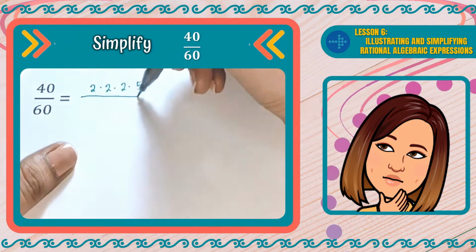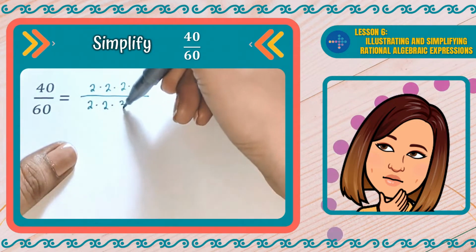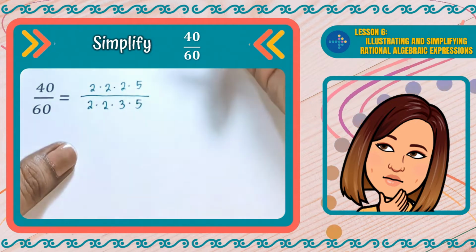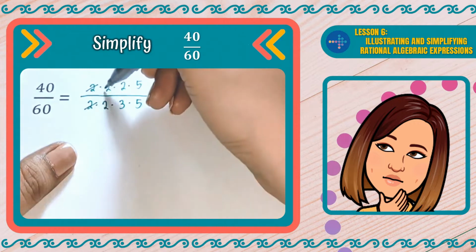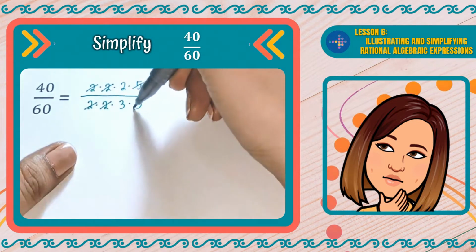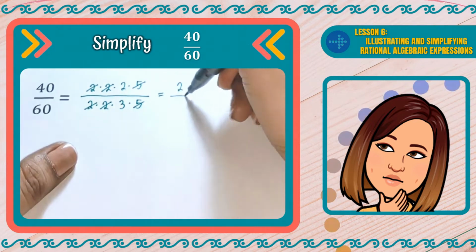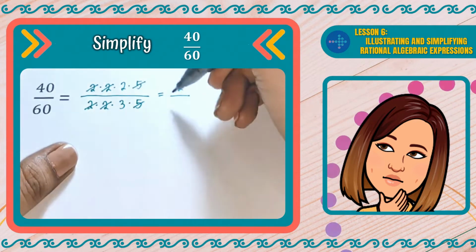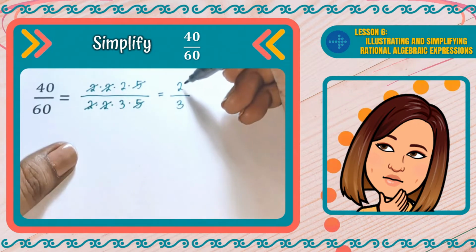While in the denominator, we have 2 times 2 times 3 times 5. So cancel common factors. We have 2, 2, and 5. The remaining factor in the numerator, we have 2. And in the denominator, we have 3. Therefore, the simplest form is 2 over 3.